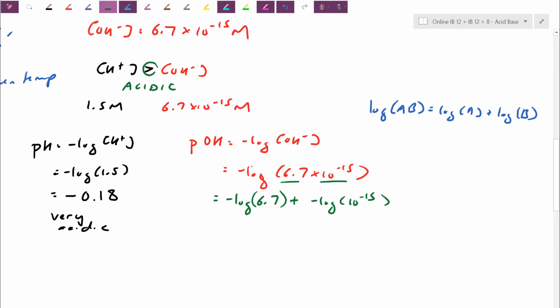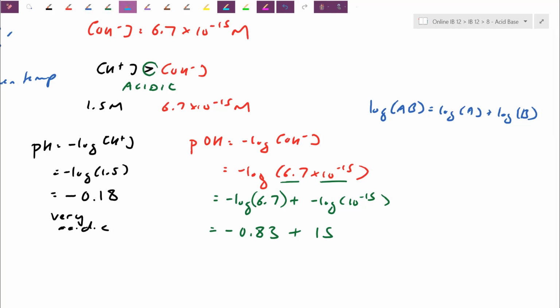It's just that I want a negative log, so negative log of the first thing plus negative log of the other thing. Negative log of just the base number, 6.7, ends up giving you negative 0.826. Let's just say 0.83. And then the other case, negative log of 10 to the negative 15, just gives you 15. So you see we've done it, right?